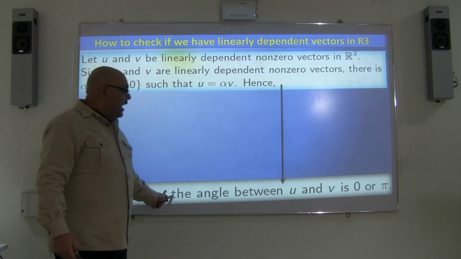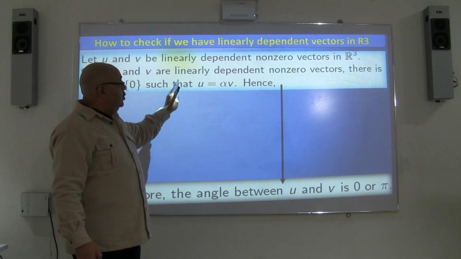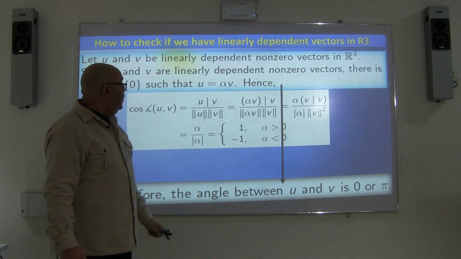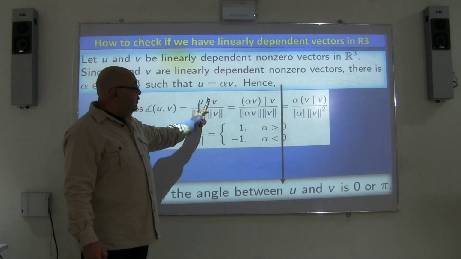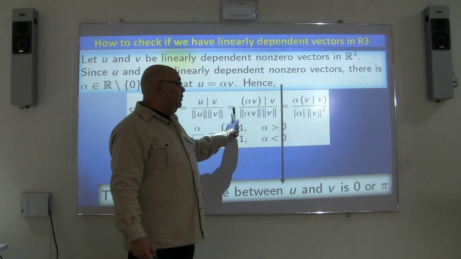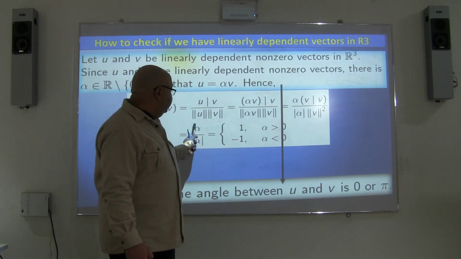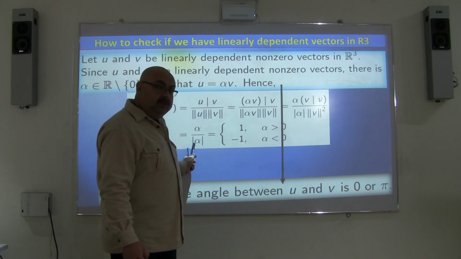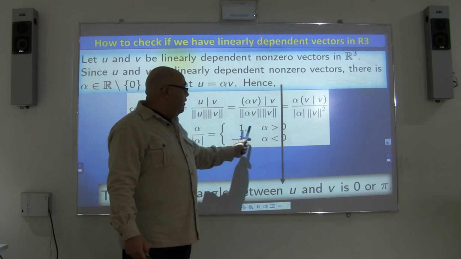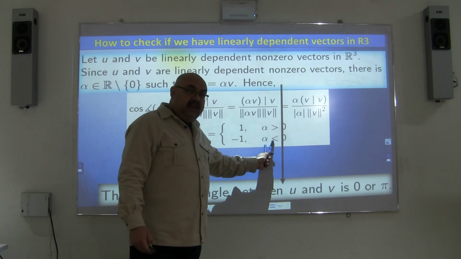So therefore, the angle between u and v is 0 or pi. So if you have dependent vectors, then the angle between them is 0 or pi. If I have u times v, which is alpha v times v, so I'm multiplying a vector by itself, you will end up having alpha over the magnitude of alpha, which is going to leave you with 1 or negative 1: 1 if alpha is greater than or equal to 0, or negative 1 if alpha is less than 0.